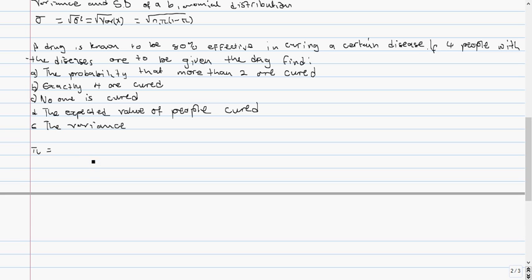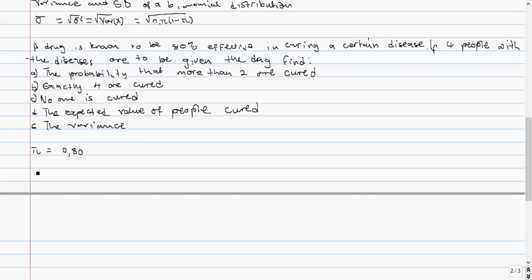In this case, a drug is known to be 80% effective in curing a certain disease. So 80% of the people are going to be cured if this drug is administered. So we will term this the probability of success. So 0.80 is the wanted situation because we want to get more people cured.